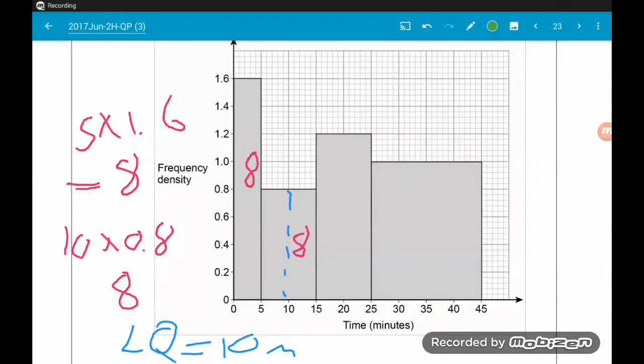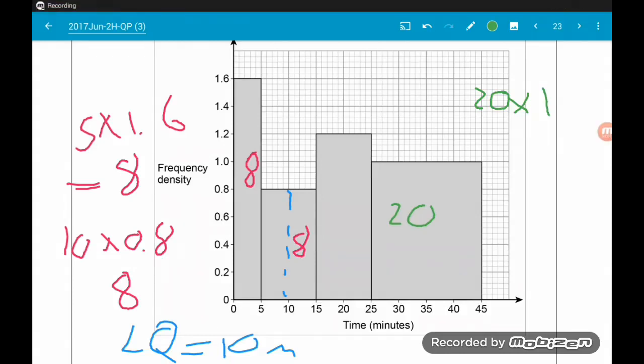Okay, so this last bar on the right has an interval width of 20 and a frequency density of 1. So 20 people are represented by that last bar. That means our upper quartile person is inside of this bar.